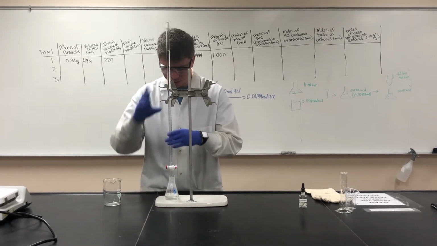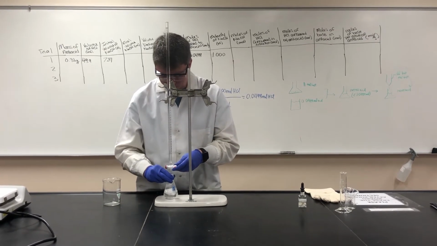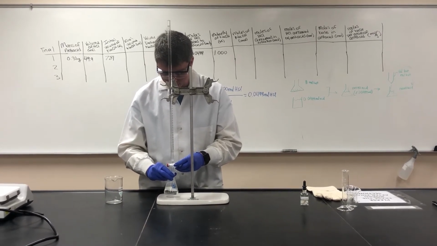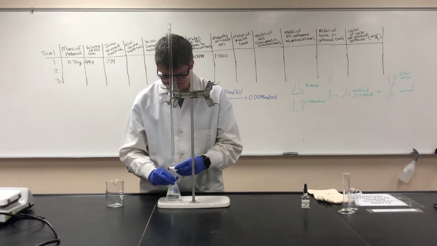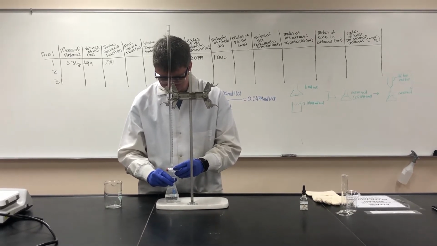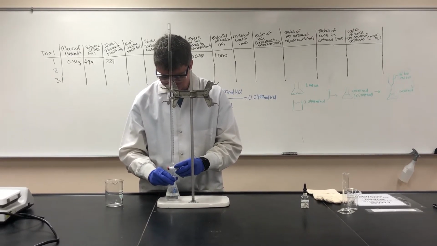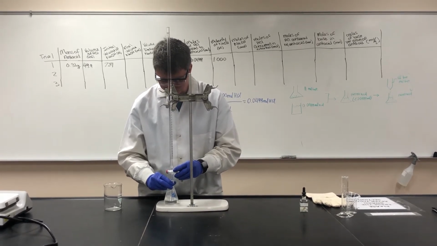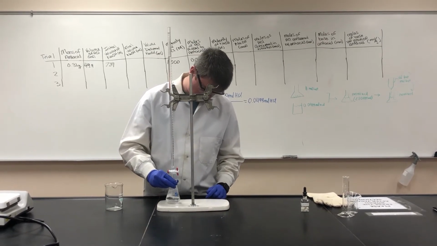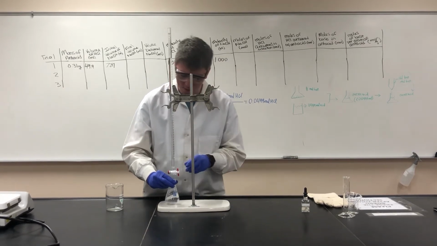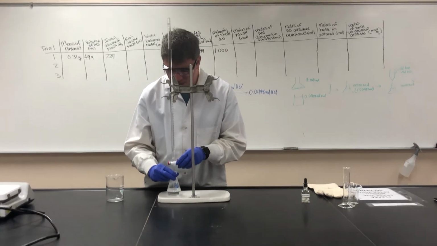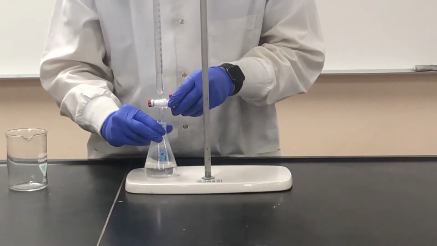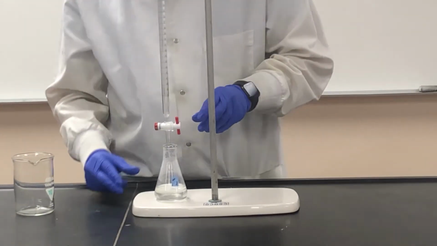Spin this around so that I can swirl with my right hand and titrate with my left hand. Hopefully what you guys will be able to see in the video is as the NaOH hits the analyte solution in our flask, there's a slight flash of pink.